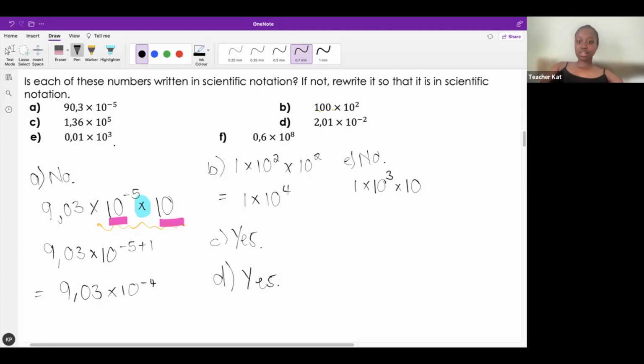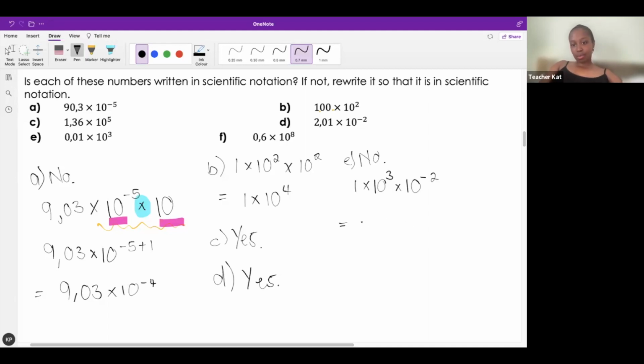Now, did we move this left or right? Right, so my exponent is negative. And how many times did I move it? Twice. Beautiful.